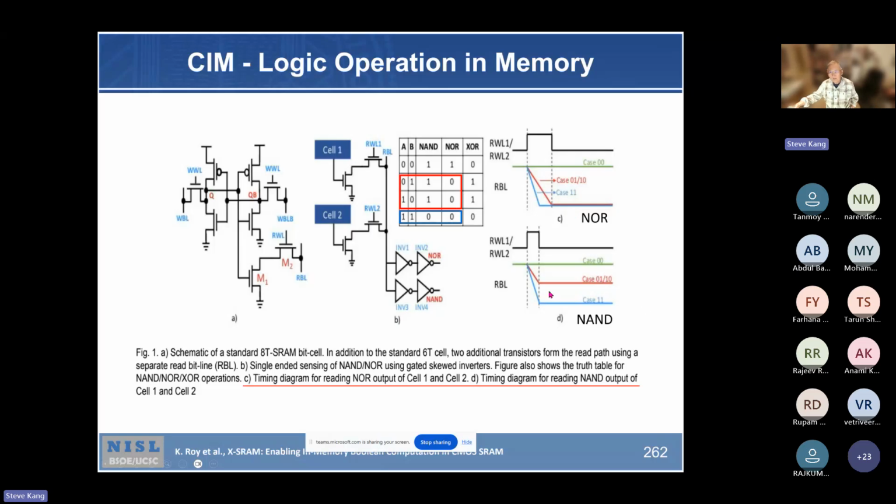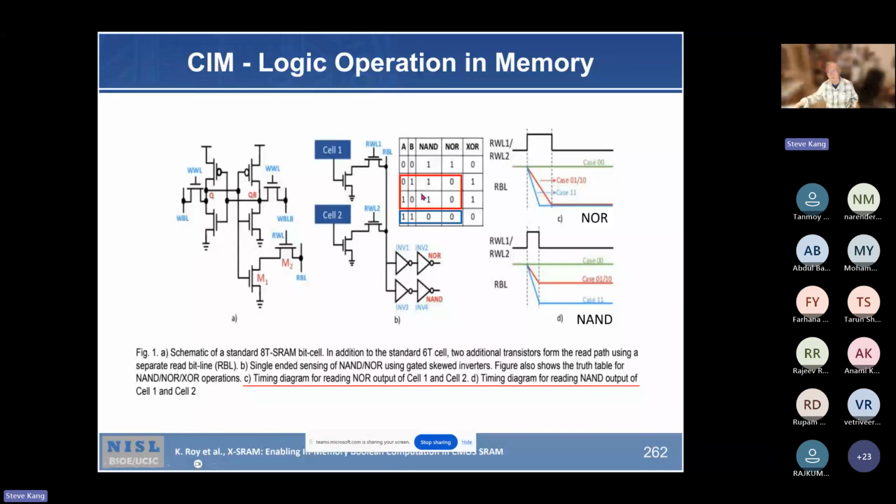Now, on the other hand, to realize a NAND function, you make this pulse width half so that you have this scenario. So, you cut it off. The green line, 1,1, is fully realized here, while the red one is sort of stopped here. It's still doing 0,1 and 1,0 operation here. So that's sort of a NAND operation.